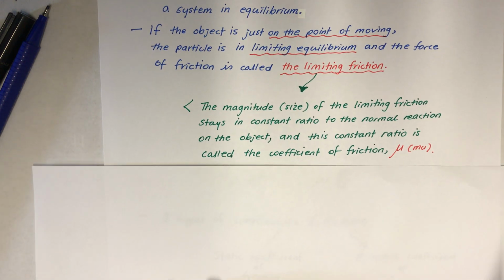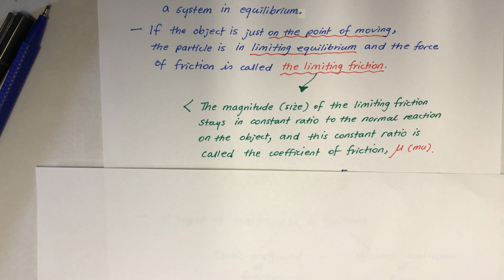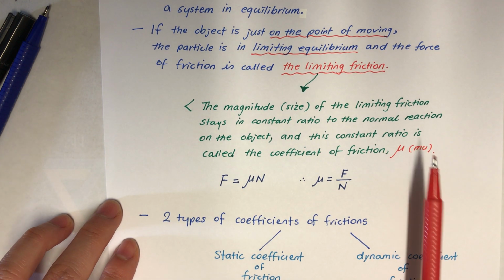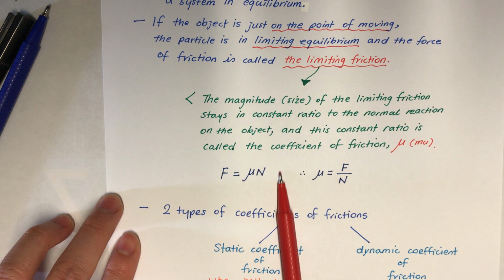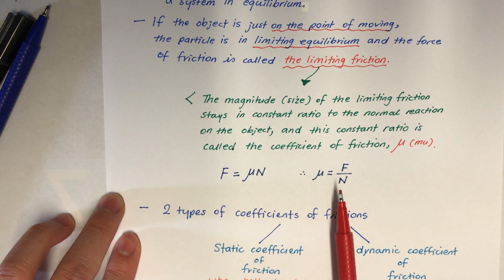The magnitude, the size of the limiting friction, stays in constant ratio to the normal reaction on the object, and this constant ratio is called the coefficient of friction, mu. That's the symbol called mu. So this is the formula: F equals mu n, mu times the normal force.